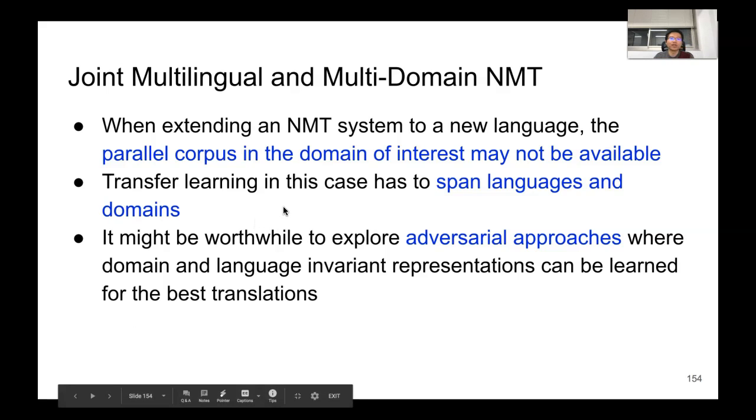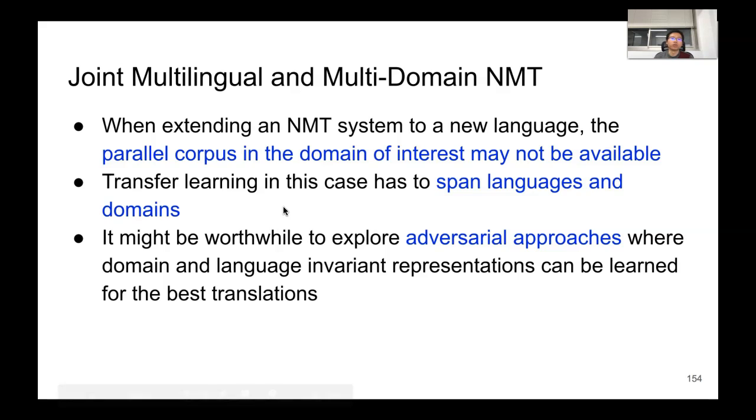And transfer learning in this case, of course, is very interesting in the case of domain. So we want to improve the low resource domain, right? By doing transfer learning or domain adaptation. But in the case of multilingual and multi-domain, our transfer learning strategy has to span both language and domain. So this is very challenging, right?